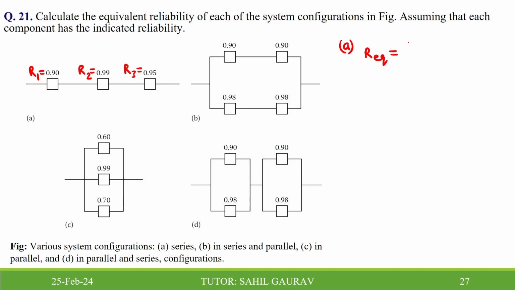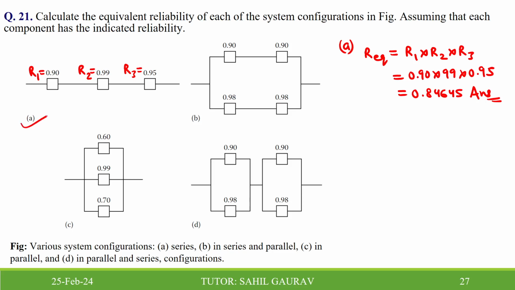So it is R1 into R2 into R3, 0.90 into 0.99 into 0.95. So you will get 0.84645. This is the answer for the first equivalent reliability, the A system. So we got the solution for the A part.